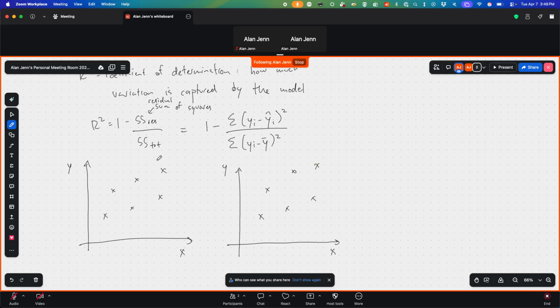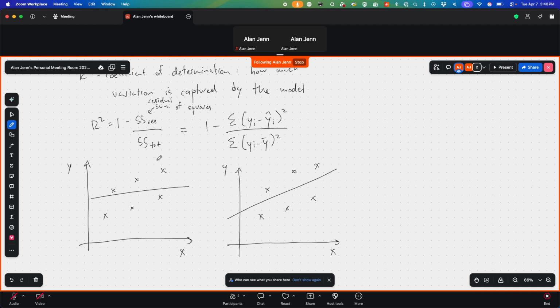I took all of those x's, all of the data points, and I just took the average on the y-axis. Okay, not the best line. There we go. How does your best fit line compare with just a flat average value? What is the ratio in the sizes of the errors?